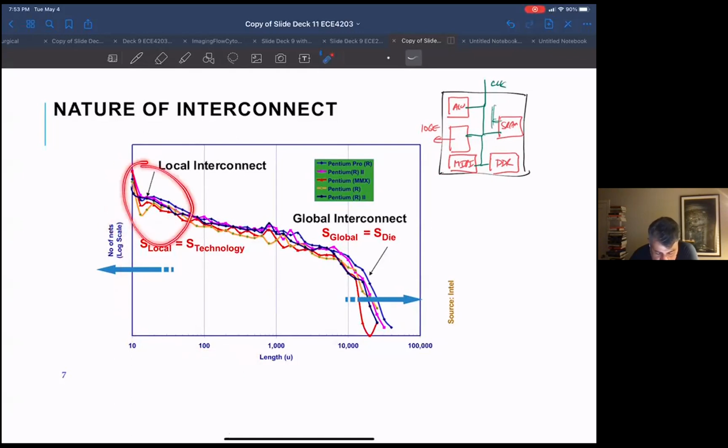You have a lot of local interconnections and very few global interconnections. So when it comes to resistance, this is where you should worry. If something is 10 microns long, it's just not going to have a lot of resistance, so it's not going to burn you. It's the long ones that are going to be problematic.